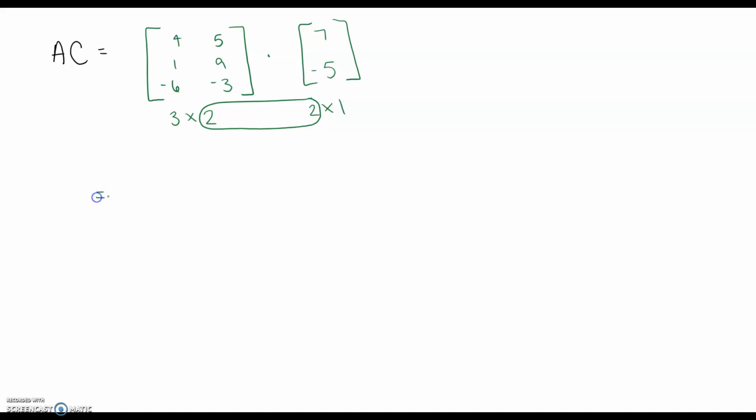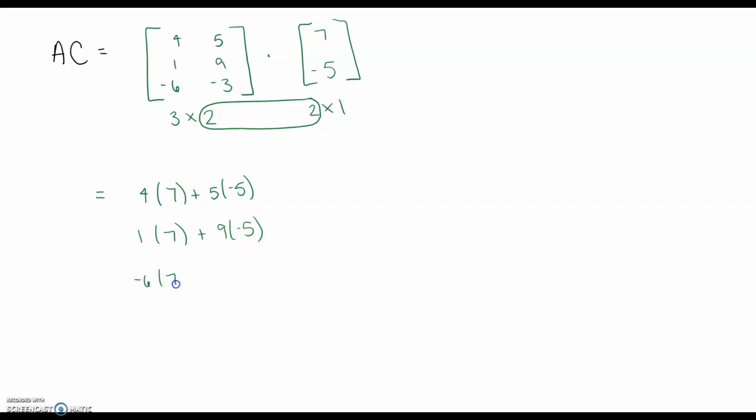So now we're going to get started. For that first element, it's 4, 5 times 7, negative 5, and this one's actually a little bit easier. So 4 times 7 plus 5 times negative 5. And then we just go down from there. 1 times 7 plus 9 times negative 5.